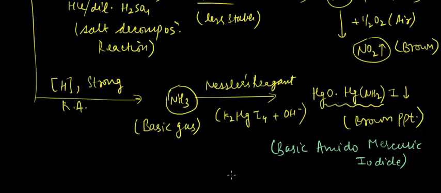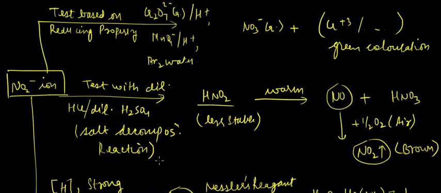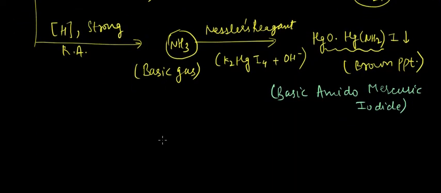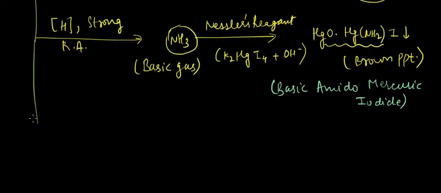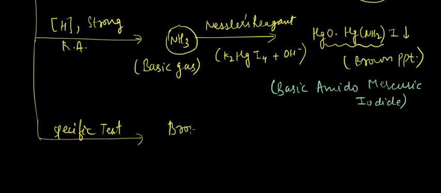Next, we have a specific test of NO2 minus, which is the brown ring test.